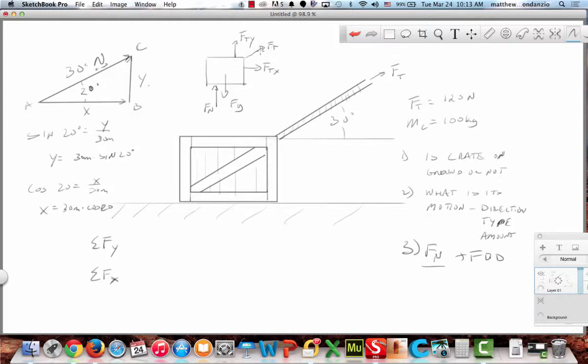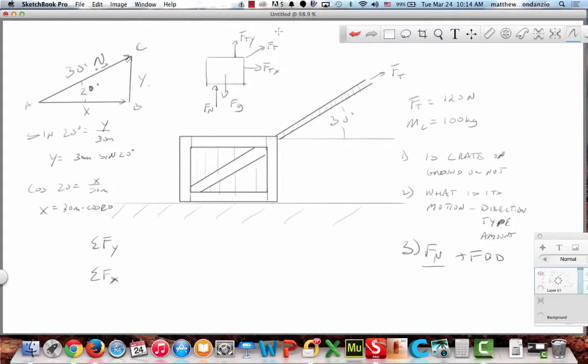I have Ft here, and then I broke it down. I've also put on the free body diagram Fty and Ftx. What do you mean? Instead of having the total of Ft, you have Fty and Ftx, and you have to split Ft. Right. You can't have both of them.